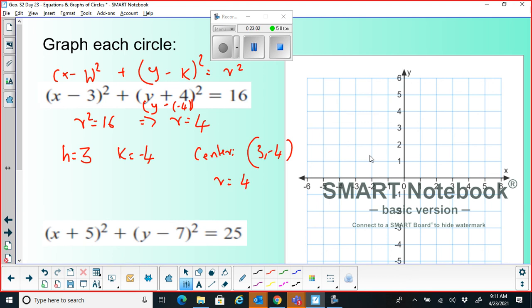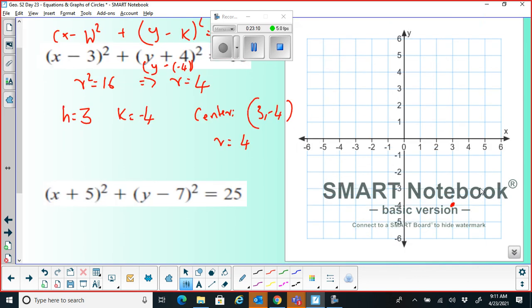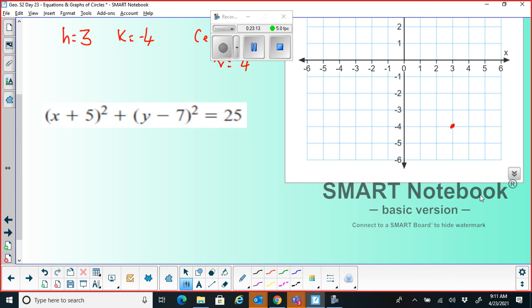So let me construct this. 3 comma negative 4. I have 3 here and negative 4 here. So this is our center. And the circle will have a radius of 4 units. 1, 2, 3, 4. So it has to pass through this point. 1, 2, 3, 4. It has to pass through this point. And 1, 2, 3, 4.